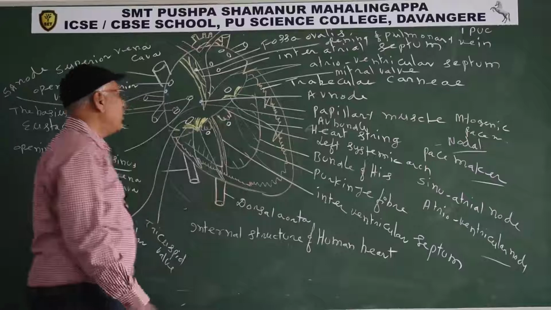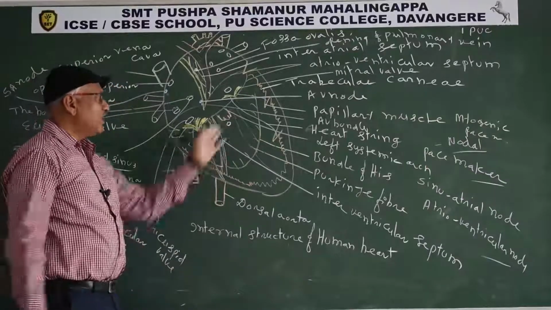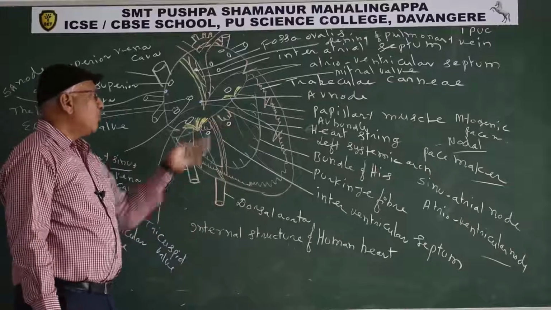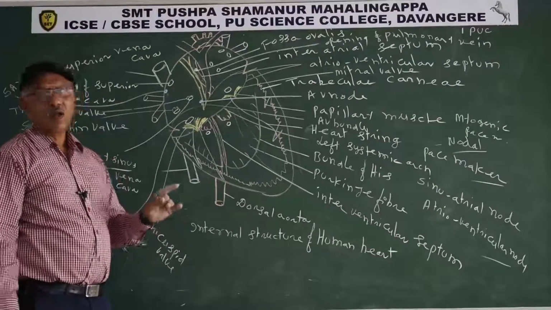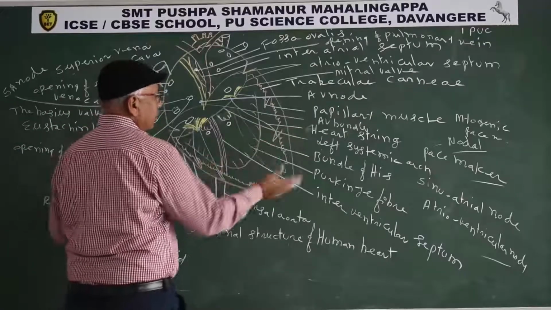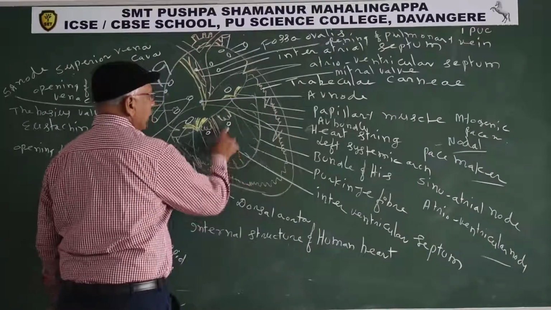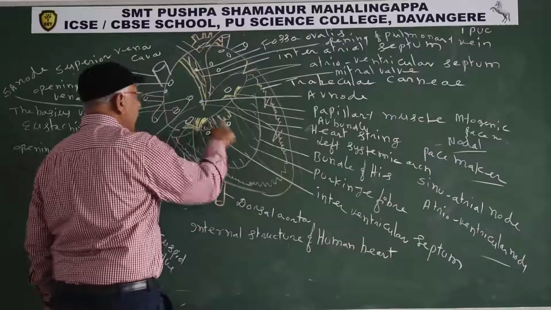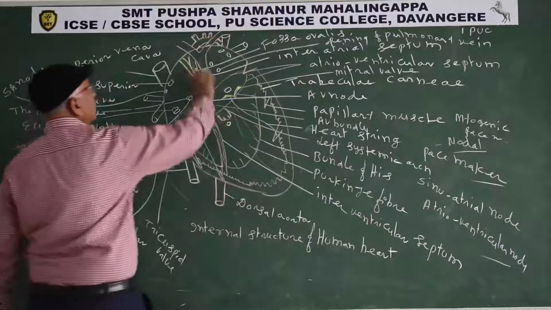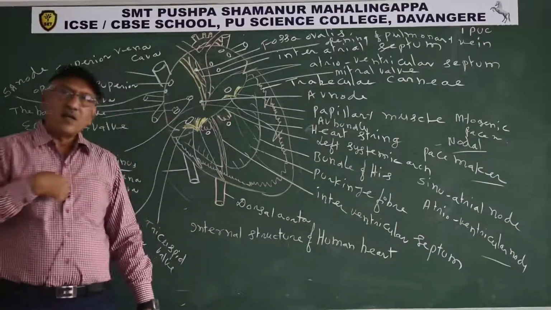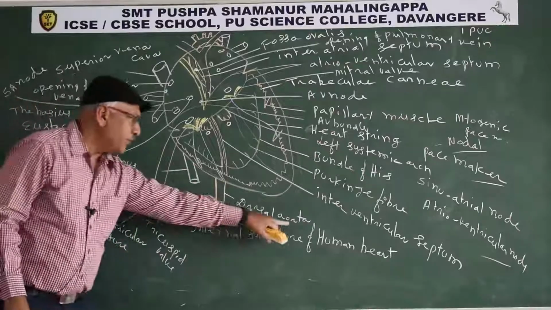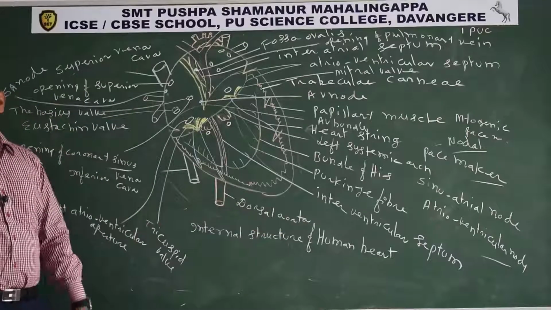At its base, a semilunar valve is present. It contains three half-moon shaped cusps, but that is only one valve, the semilunar valve. When the ventricle contracts, oxygenated blood enters the left systemic arch through an aperture. The left systemic arch travels from the ventral surface to the dorsal surface and continues as the dorsal aorta.